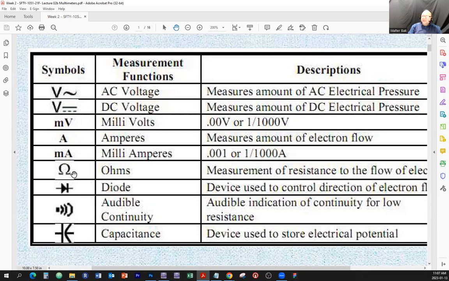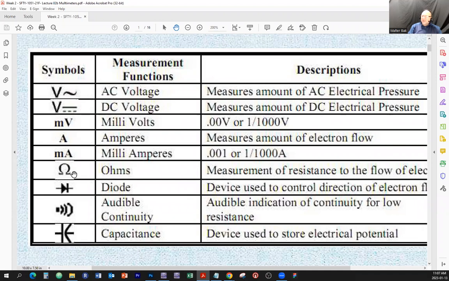Now, just to make sure that we know what we're talking about, with this one here you can measure only devices that have passive resistance. In other subjects, you're going to have theory that talks about something called impedance.